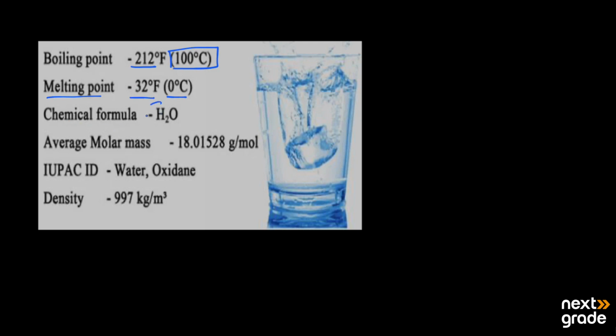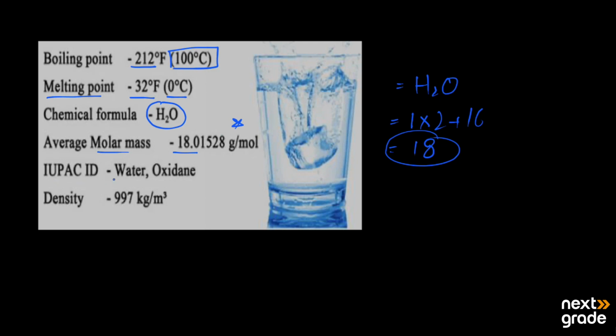The chemical formula is H2O, and its average molar mass is 18.015. How do we get this? In the formula H2O, hydrogen has mass number 1, multiplied by 2, and oxygen has 16, so the total is 18 grams per mole. This is the molar mass of the water molecule.